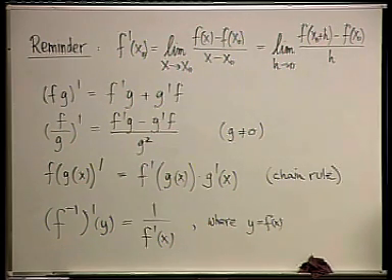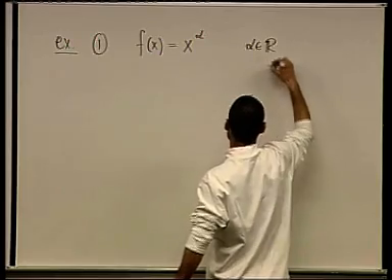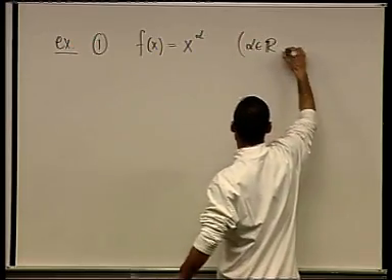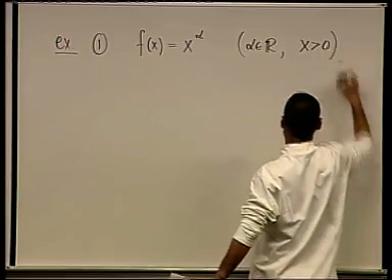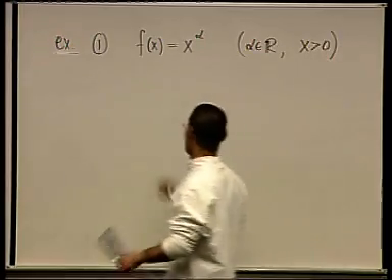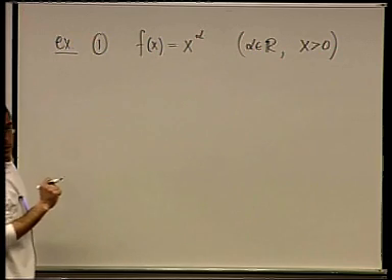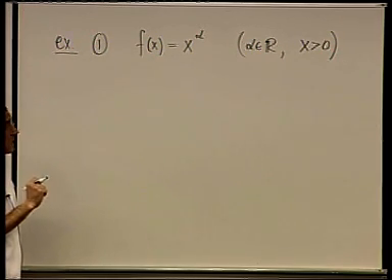This is example 1 for today. Suppose we have the function f of x equals x to the power alpha, where alpha here is a parameter, any real parameter, and the domain is only for positive x's. And we want to take the derivative of this.